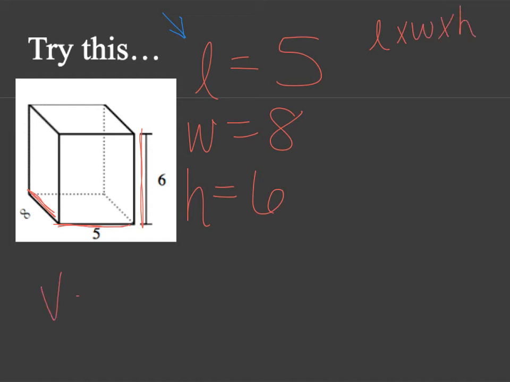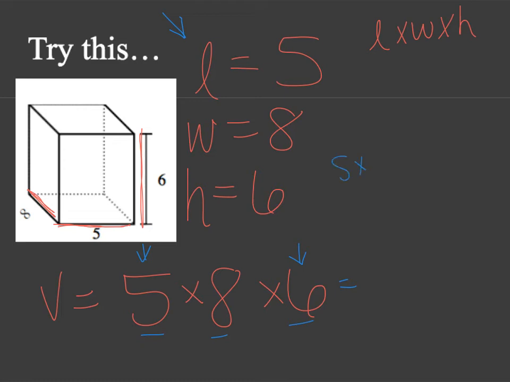So that means my volume is going to equal 5 times 8 times 6. And if you think back to your properties of multiplication, the commutative property says that it doesn't matter what order you multiply any of these numbers in, as long as you're multiplying them all together, you're going to get the same answer.